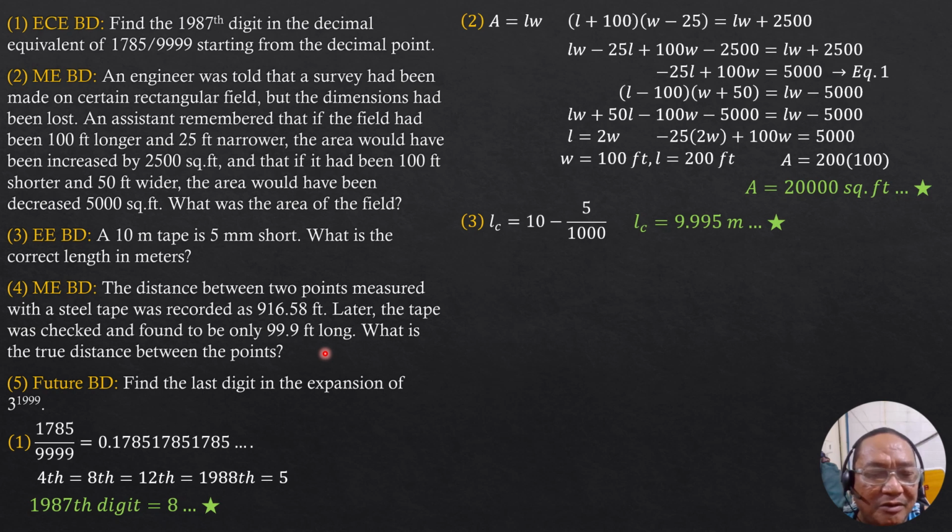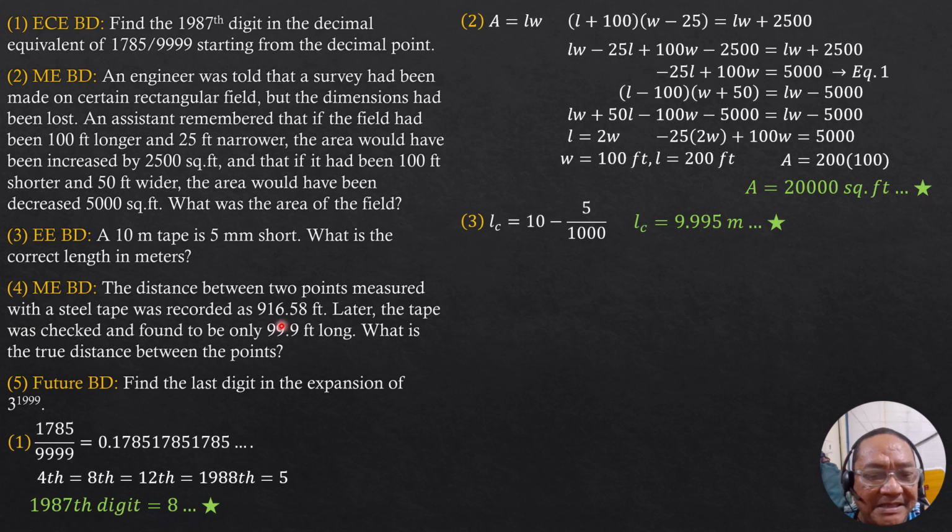So the true distance between the 2 points is the measured distance less 0.1 per tape length. The number of tape lengths is the distance measured divided by the length of the tape, 99.9. The true distance is 916.58 minus the number of tape lengths.